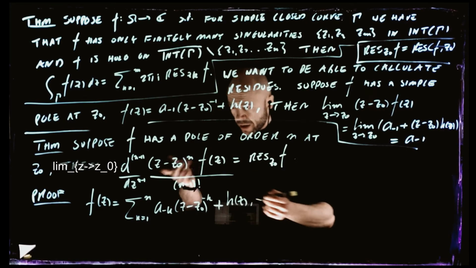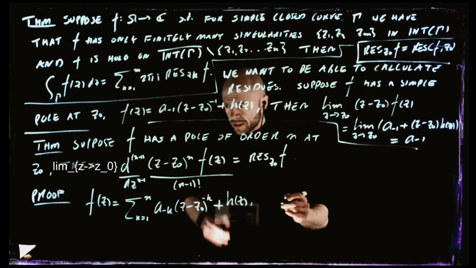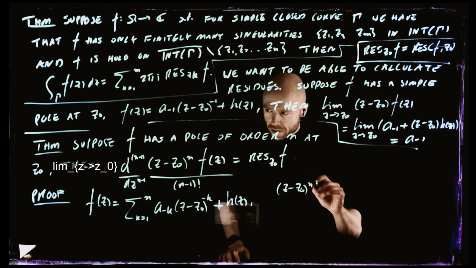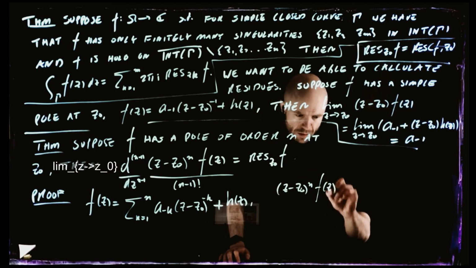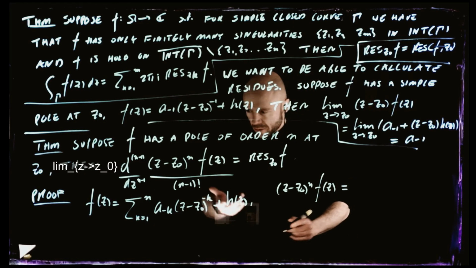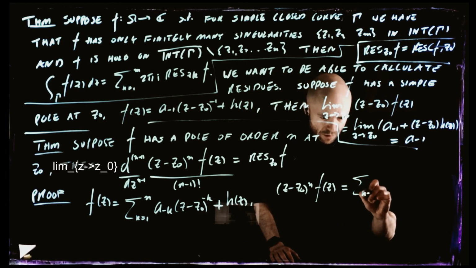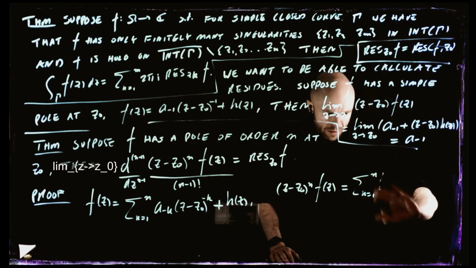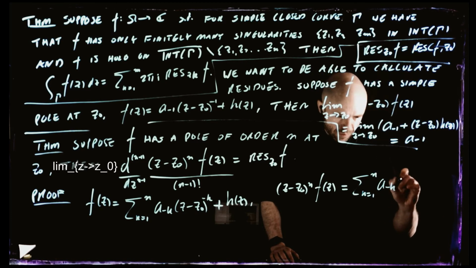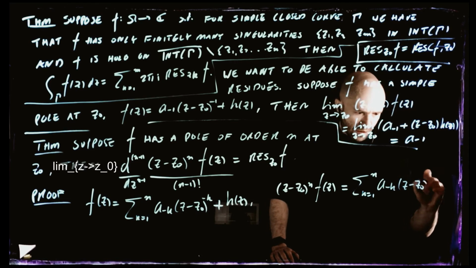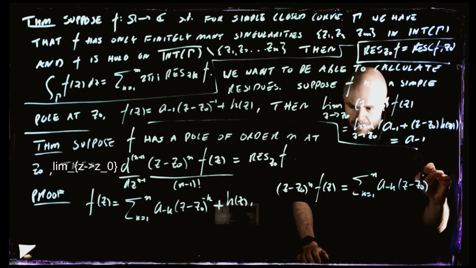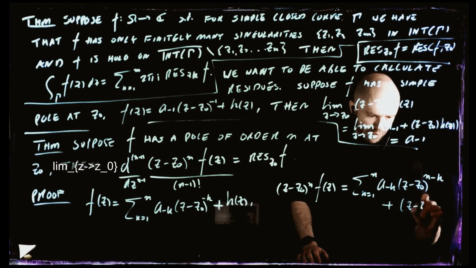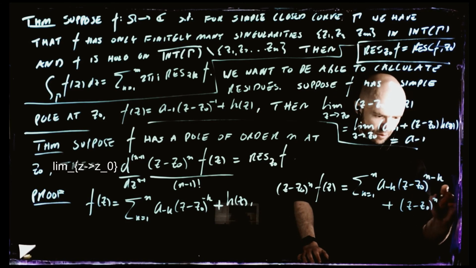So when we multiply this by (z - z0)^n, what happens? Then we get the sum from k equals 1 to n of a_{-k}(z - z0)^{n-k}, and then this part here, which is harmless for us, h(z).